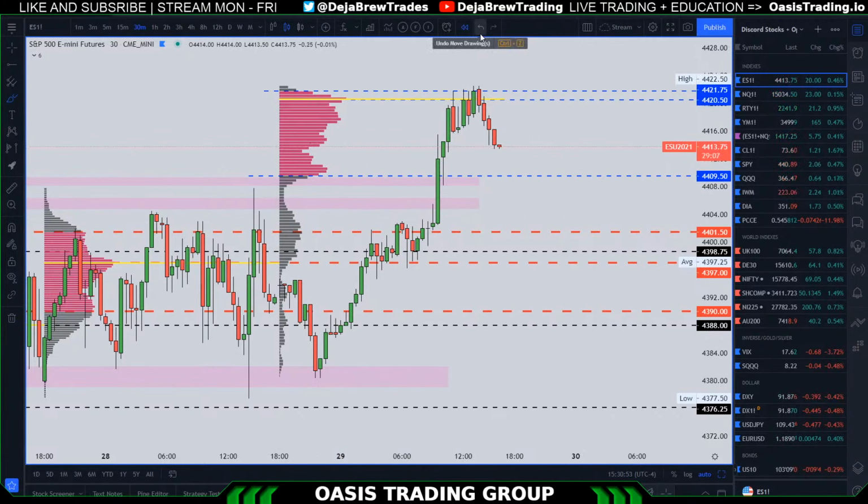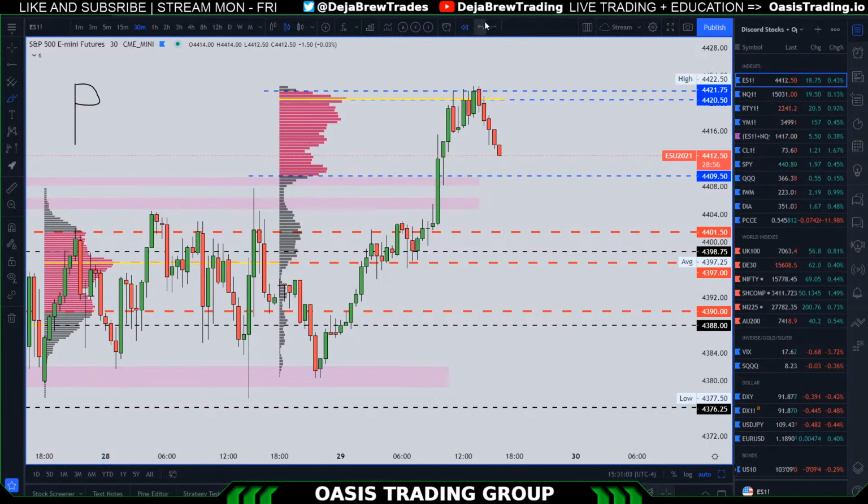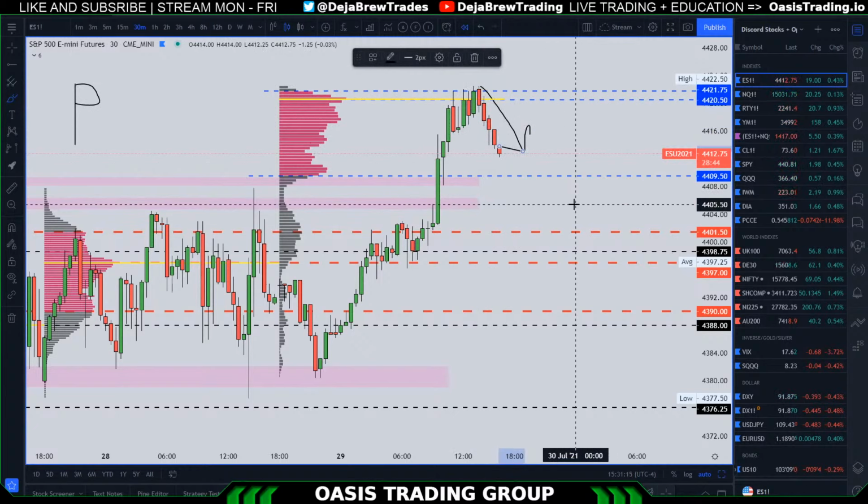Now, there is another side to this coin. The side of the coin that I told you about earlier, the capital P, you want to be careful selling the highs because it is bullish. There's another side to that, which is because it's P-shaped, most of the volume is towards the high, right? So what does that mean if we start to sell off like this?